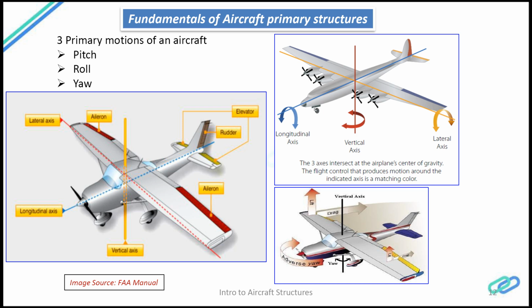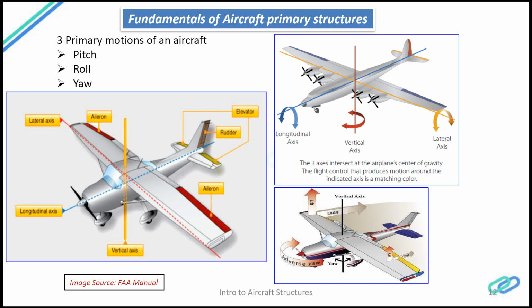Similarly, when the aircraft is in flight, you can see that one of the ailerons will go up and one will be down, and whichever side goes up, the aircraft will roll to that side. So in that way the motion of the aircraft will be achieved.